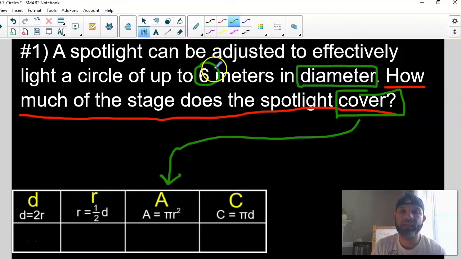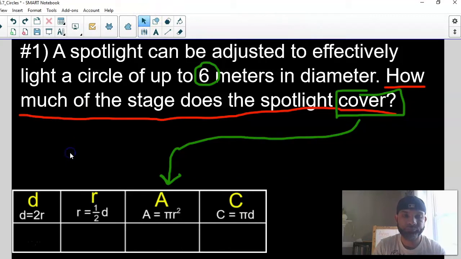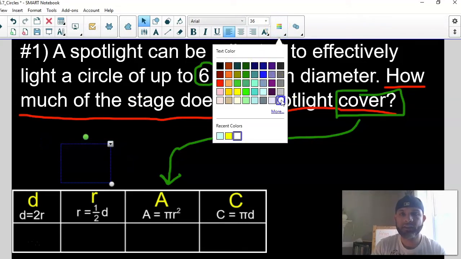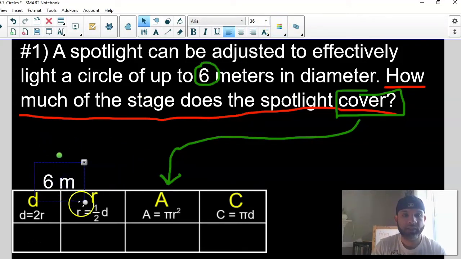And the diameter here is 6. So let's go ahead and put that 6 where it belongs. The diameter belongs right here. That doesn't look very good, does it? So let's type again. 6 meters. Okay, so here is our 6 meters. I'm gonna make this a little smaller so it can fit.